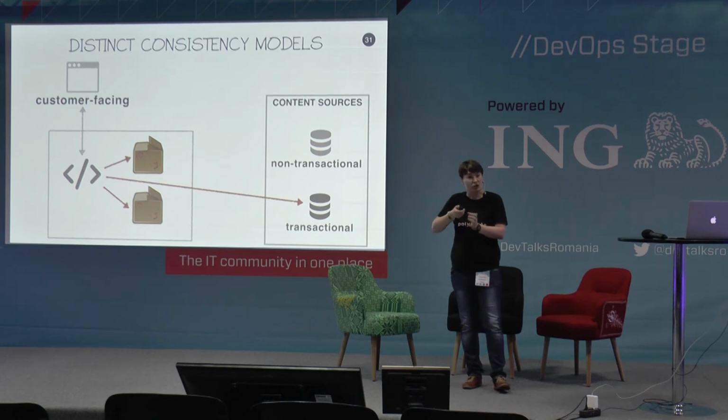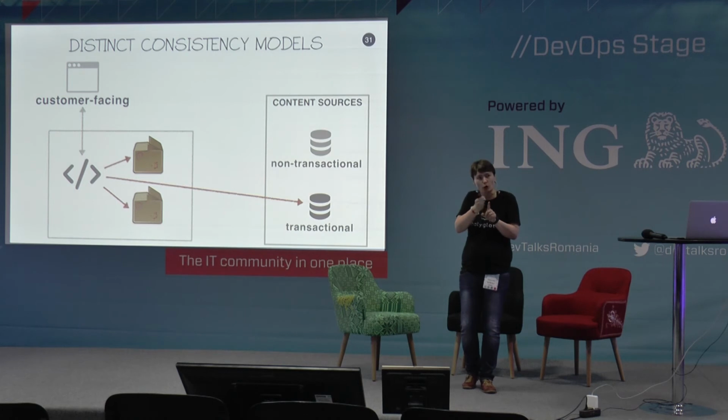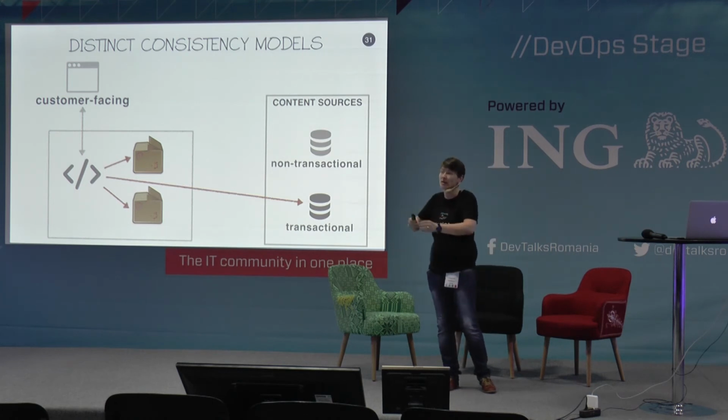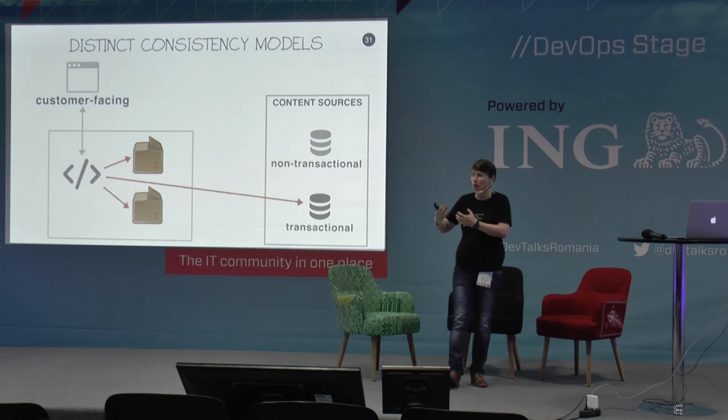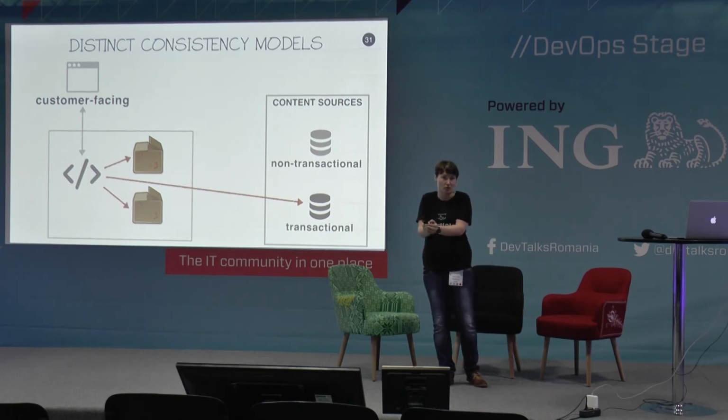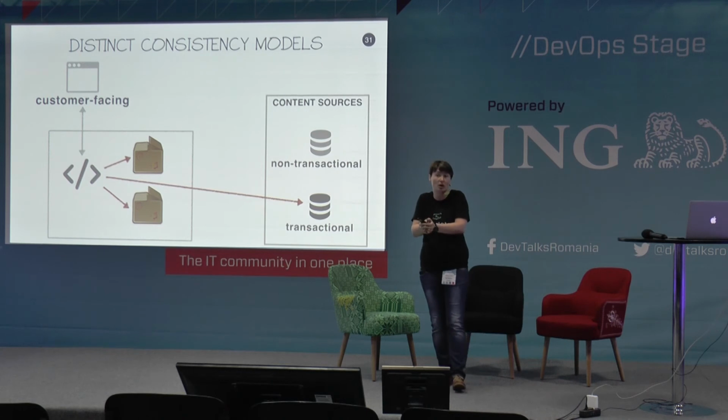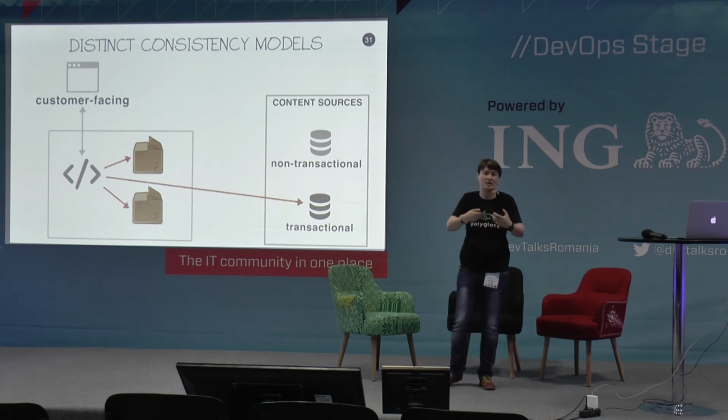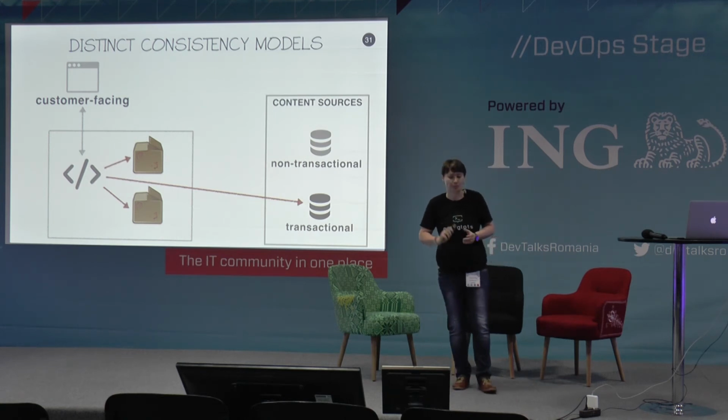But for the transactional part, try to minimize the communication. If you just send small JSONs with IDs, then it will be very tolerant because you will be able to make a lot more requests, because the transactional data source contains only the information that is relevant. So then the code that is facing the customer can work with different consistency models.